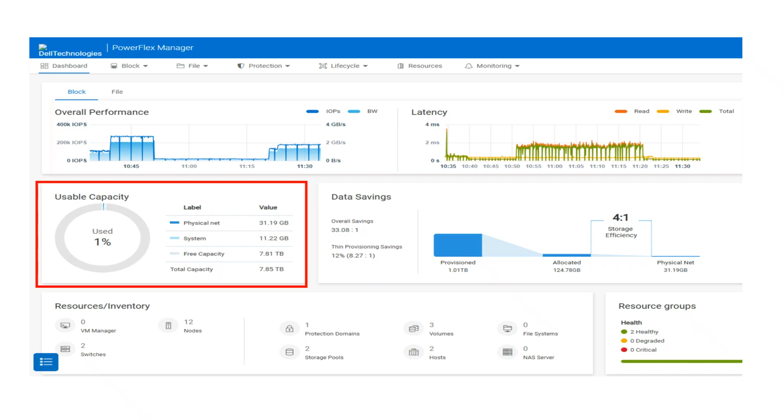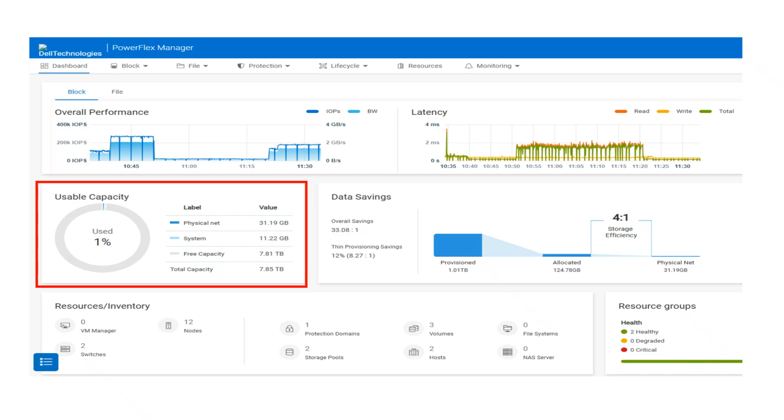Now let me give you a real support scenario. The customer says, can we create more volumes on this storage? Yes, we can confidently say you can create more storage volumes. Here capacity is not a constraint at all, because you'll see physical net used is 31.19 GB, system usage is 11.22 GB.